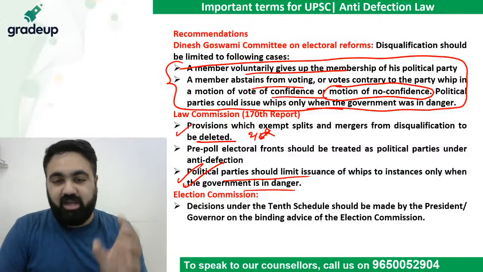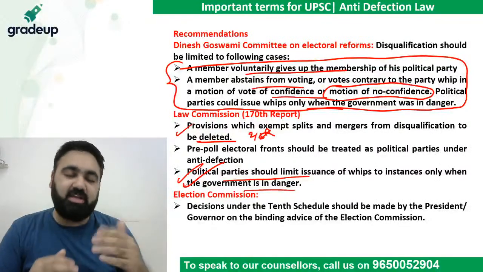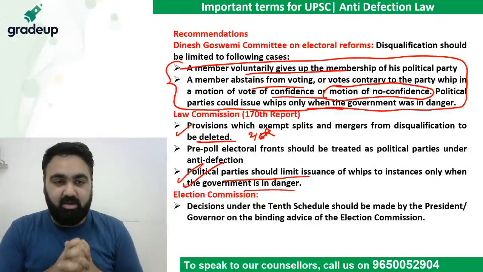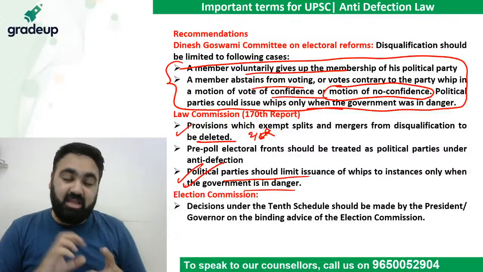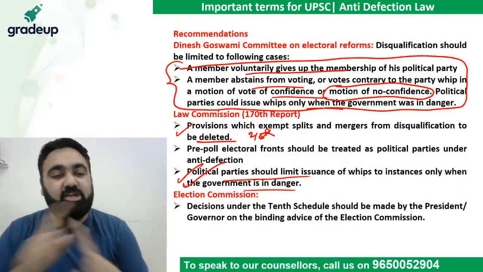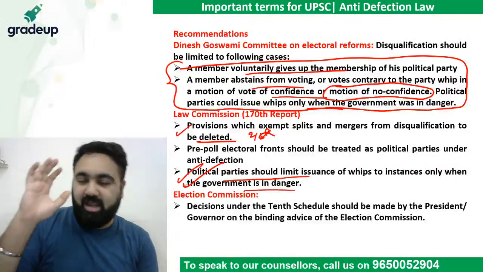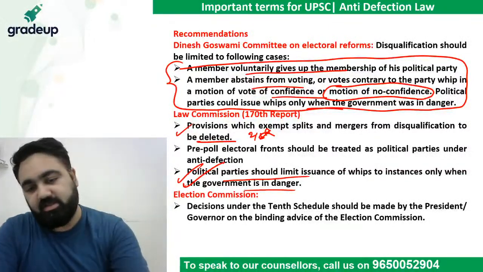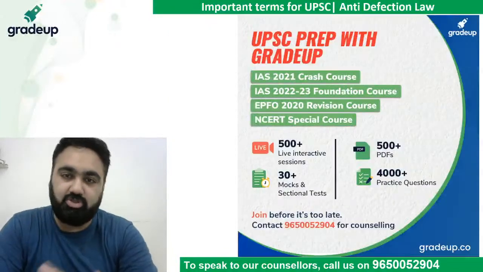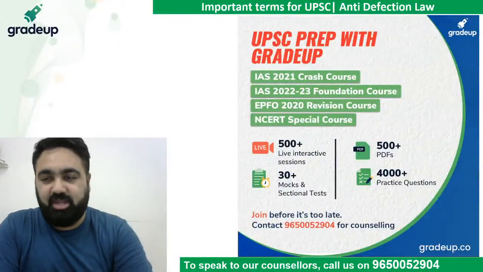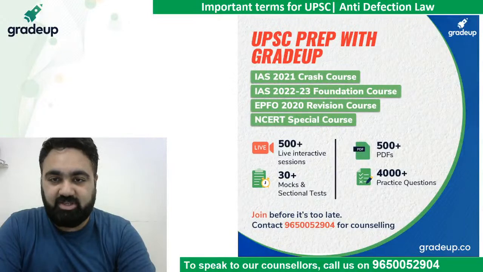So if before the elections BJP and Shiv Sena were together, and after the elections they split, then that should also lead to disqualification, because alliances before the election should be considered as alliances after the elections also. This brings us to the end of what we had to discuss for the anti-defection law.